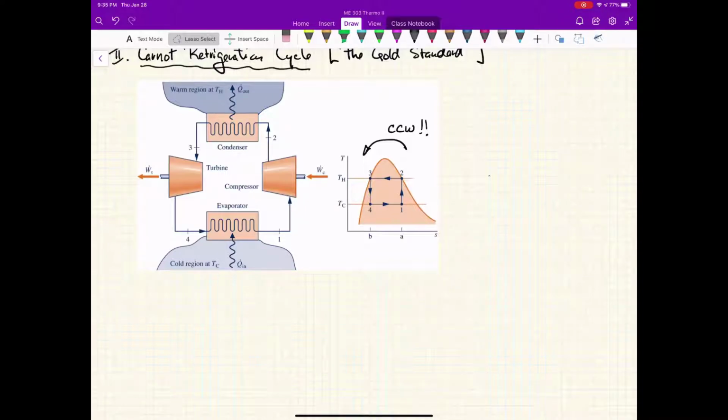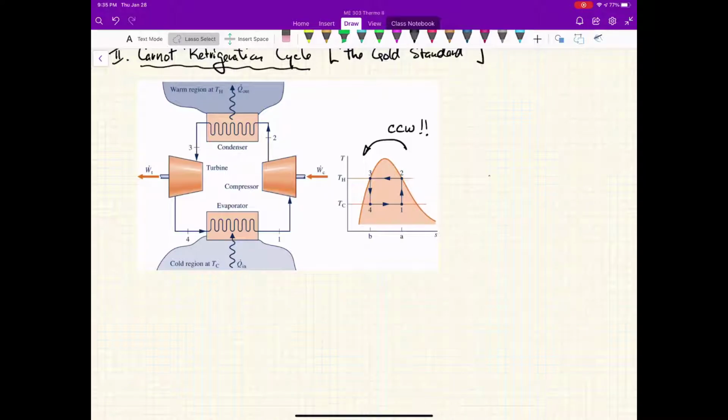Once again, that's process number 1. So it's an ideal compressor. Isentropic efficiency of the compressor is 100%. And at the outlet of the compressor, I have a saturated vapor at a higher pressure and a higher temperature, but this saturated vapor has a quality of 1. So I'm going to end up right there on the edge of the dome at the outlet of the compressor.